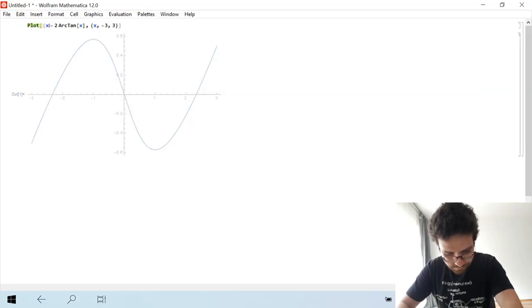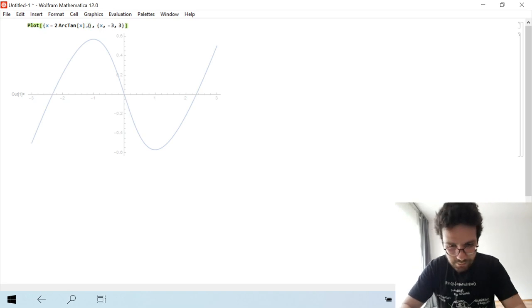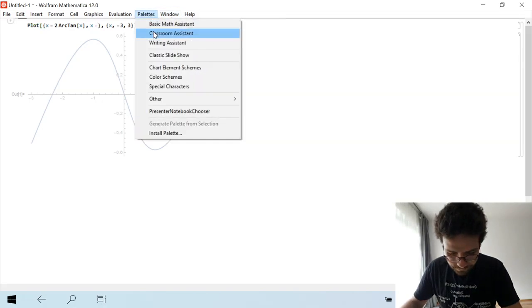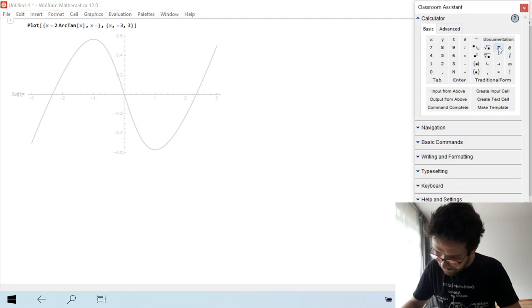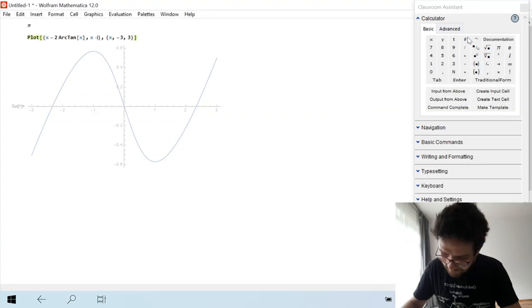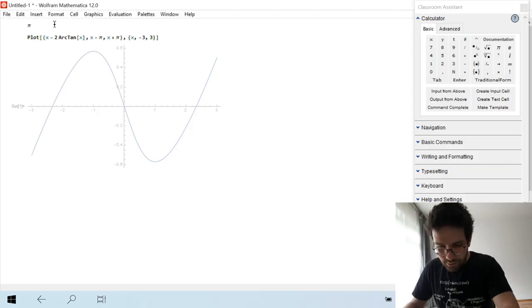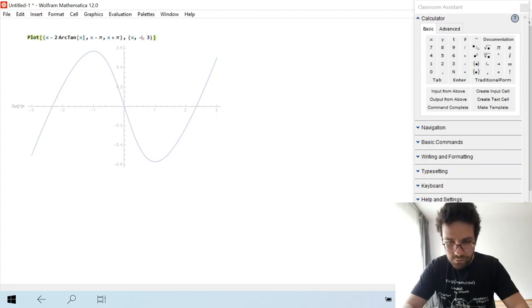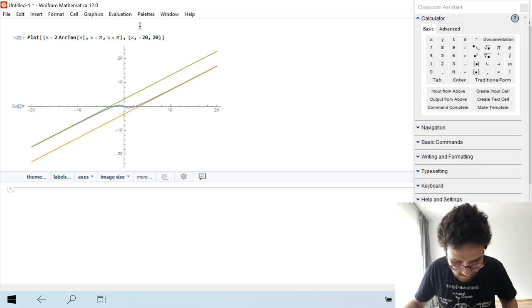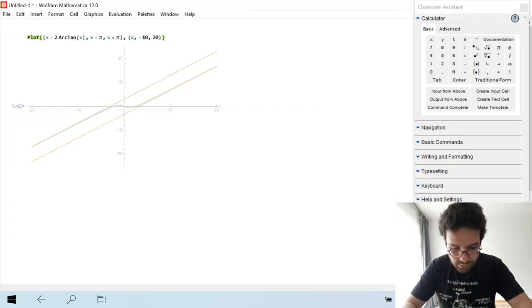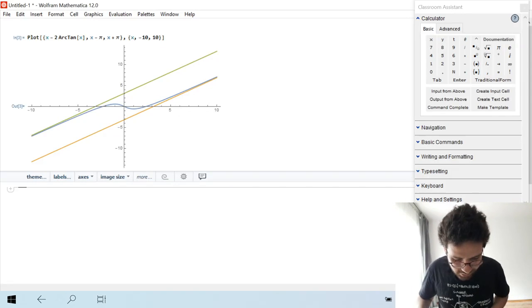Let me plot two functions at the same time. I also want to plot x minus pi, and x plus pi, and let's say that x is between minus 10 and 10.